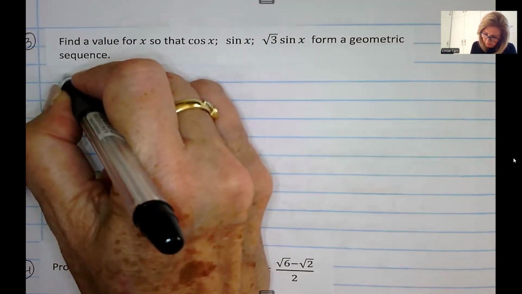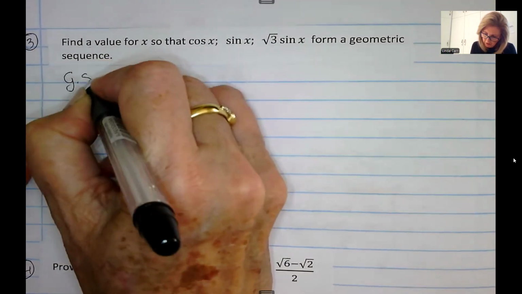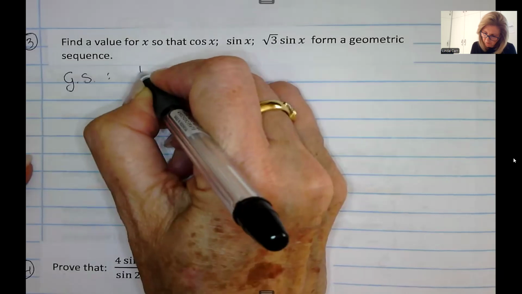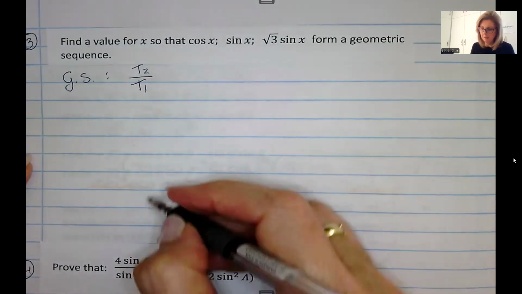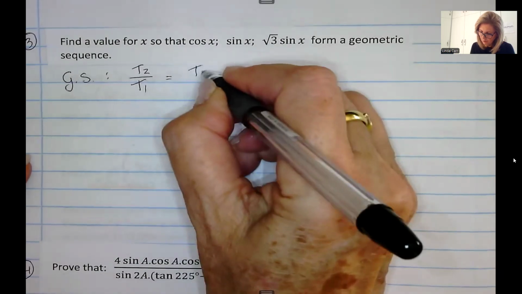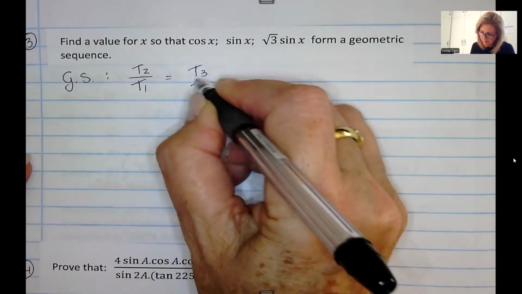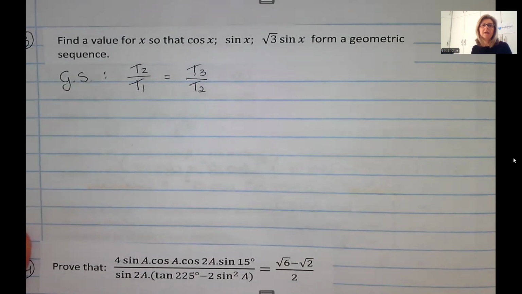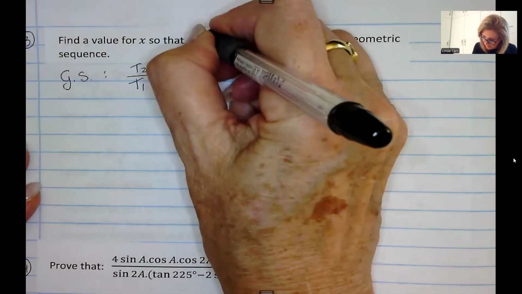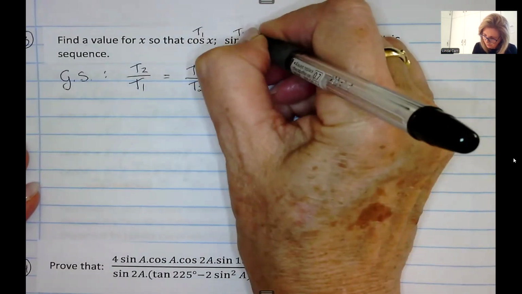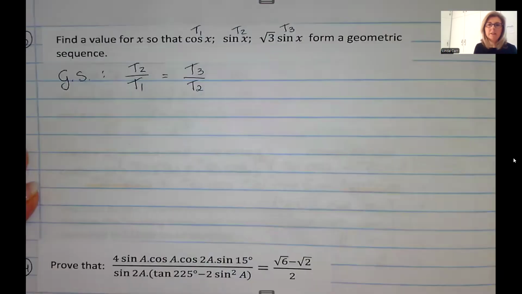And the principle that we learned in a geometric sequence is term 2 divided by term 1 is equal to term 3 divided by term 2. And it's that property that I'm going to work with now. So that is term 1, term 2, term 3.